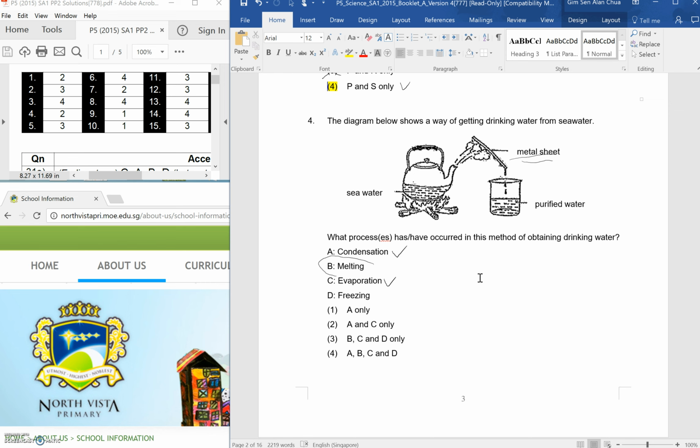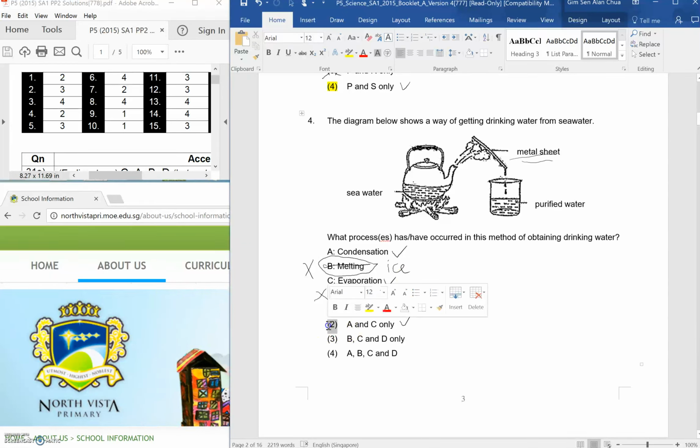Now melting certainly doesn't take place because there is no ice involved. And of course, we are talking about having a heat source here, so how can freezing be there? Freezing is also wrong, so this is wrong. Alright, you may want to cancel them in the exam, and that gives us with A and C only.